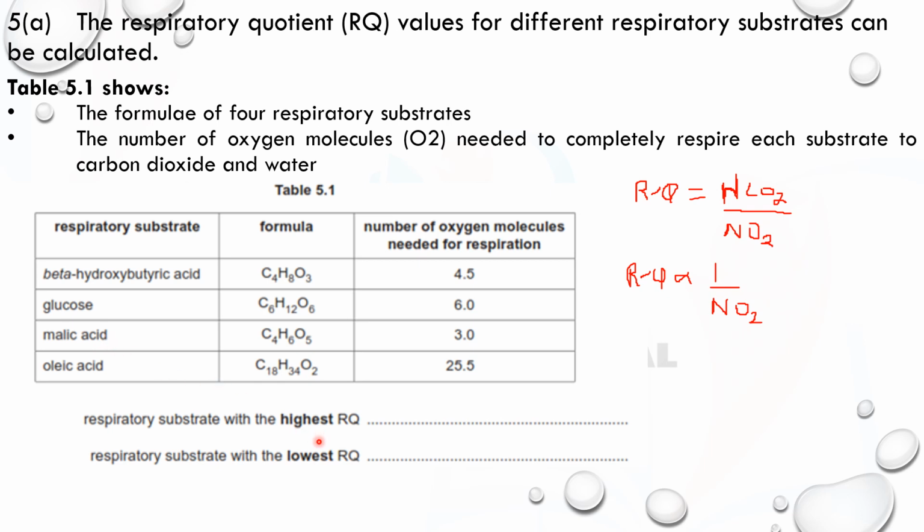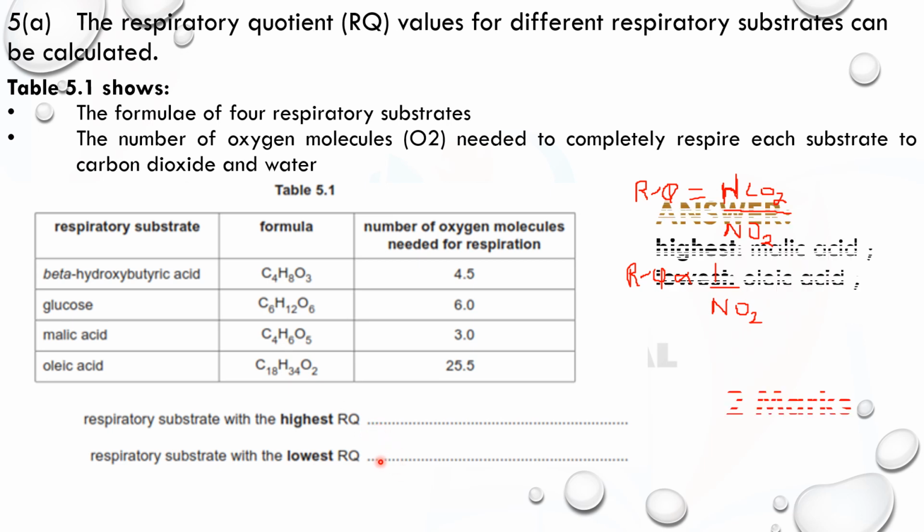So the one that will give us the lowest RQ value is the one with the highest number of oxygen molecules. That's 25.5, and that's oleic acid. So this is malic, highest, and of course the lowest is oleic acid.